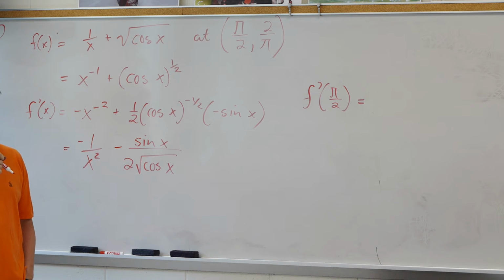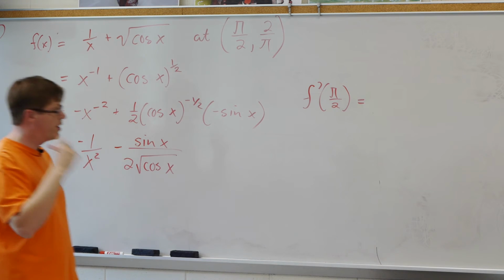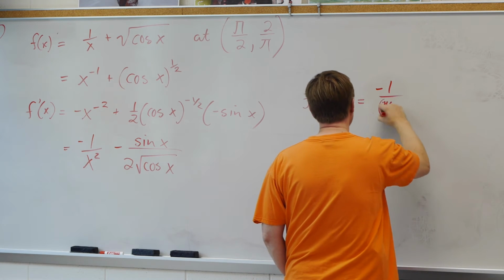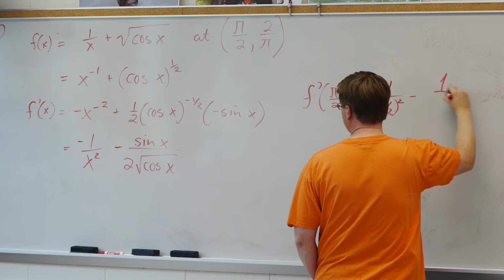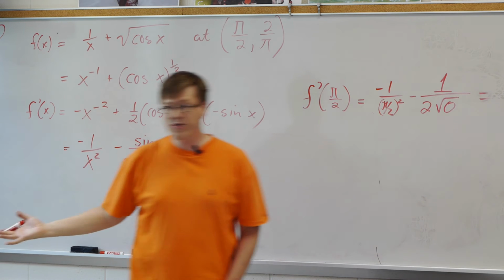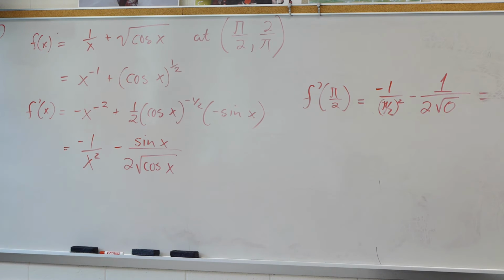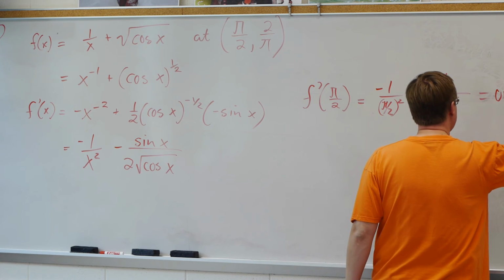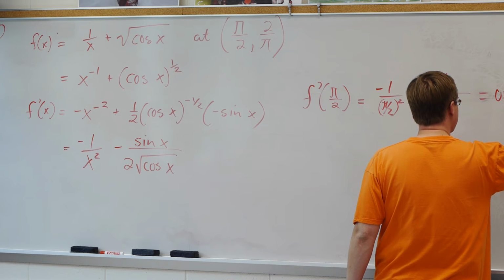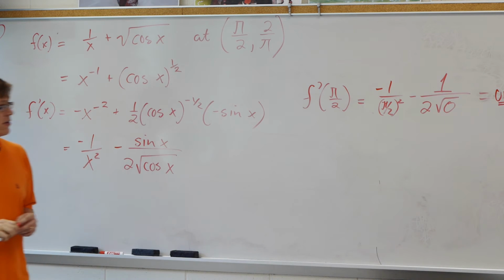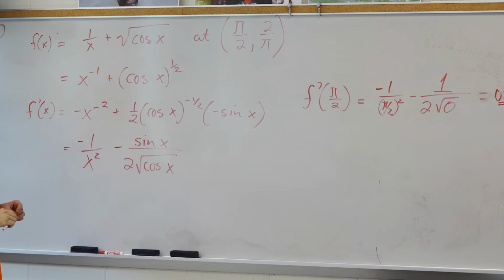So cosine is 0 and sine is 1, exactly. Which, what does that make my slope? Undefined, right. So the slope here is undefined.